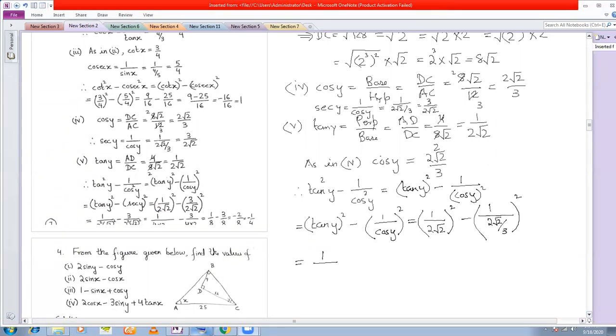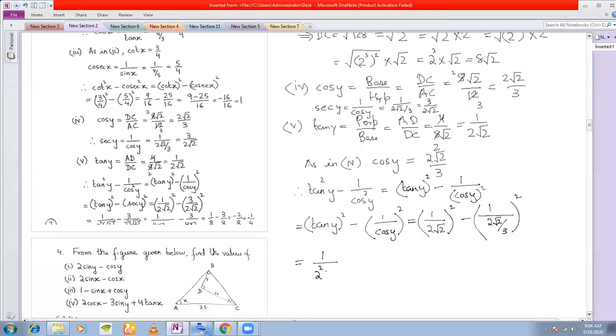So what you get here is 1 by 2 root 2 whole square minus, taking the reciprocal, 1 by 2 root 2 by 3 means 3 by 2 root 2 whole square. So this is 1 by, 2 square is 4, root 2 square is 2, minus 3 square by 2 square into root 2 square.